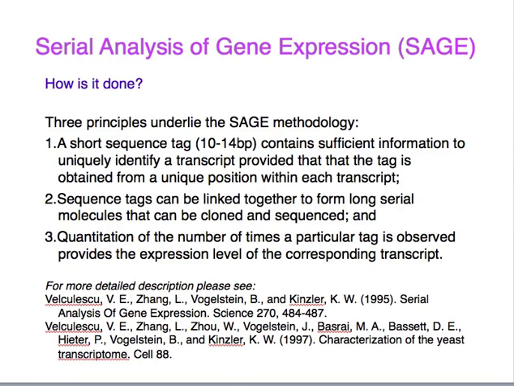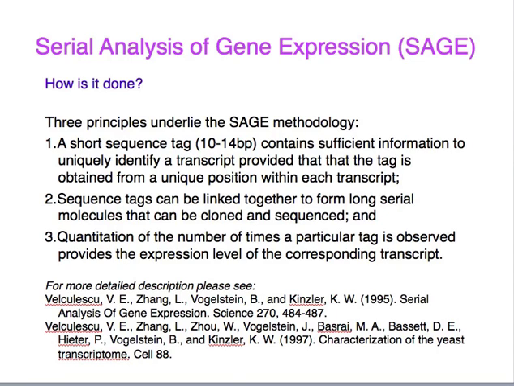So from the entire gene, you look within the gene for regions that are completely unique to that gene. Often 10 to 14 base pairs is sufficient to make it unique and different from all the other RNAs. So you find those unique tags. And in many cases, you can take those tags and link them together to form long molecules that can be cloned and sequenced and then used to generate these probes.